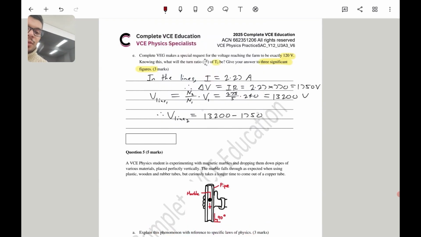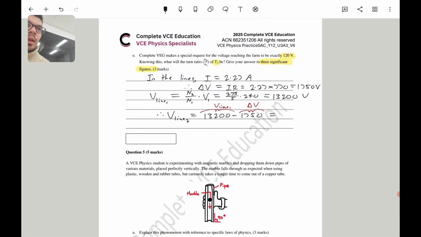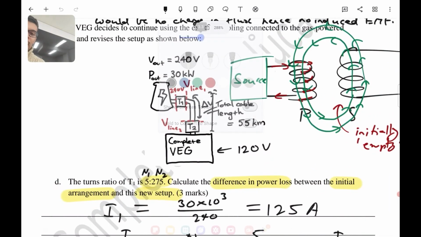We are able to subtract the voltage drop from the 13,200 volts that the transmission lines receive, and we'll end up with 11,450 volts. Okay, perfect.